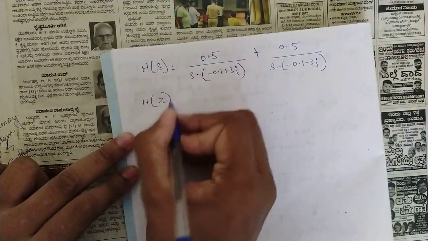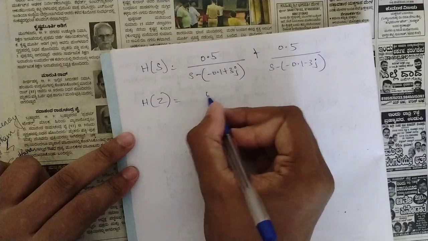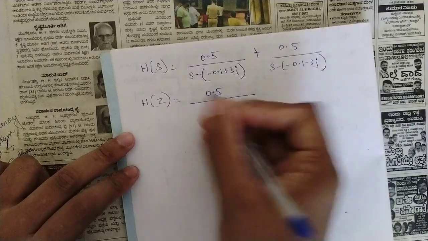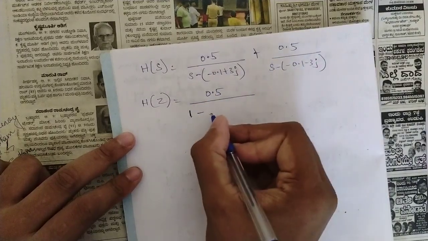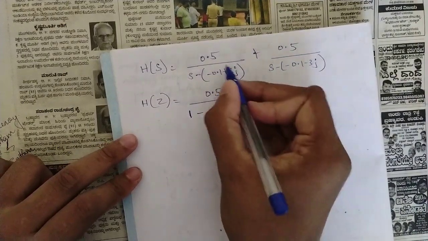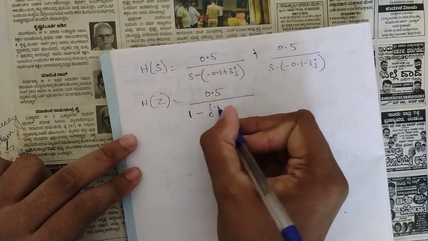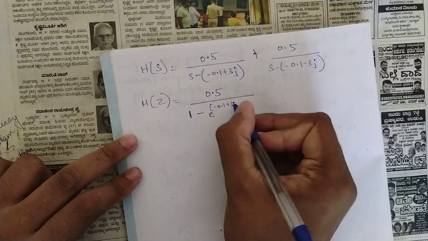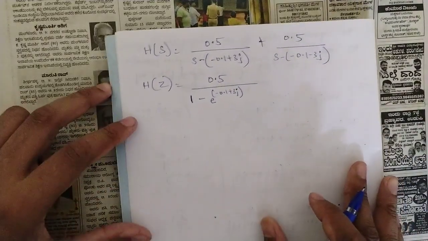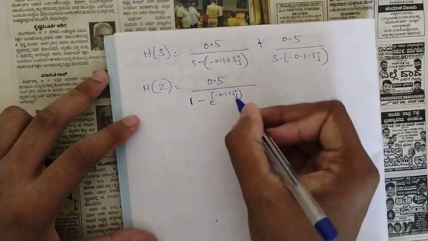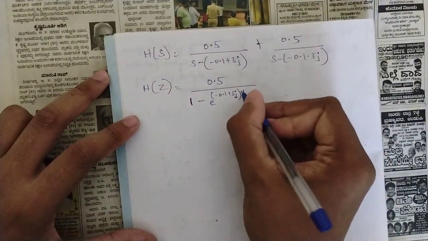Now in z plane it is equal to 0.5 divided by 1 minus e to the power whatever is there in the root side, that is minus 0.1 plus 3j, and here they have not given the value of t, the time period. So whenever they don't give the time period, you should be writing t as it is.